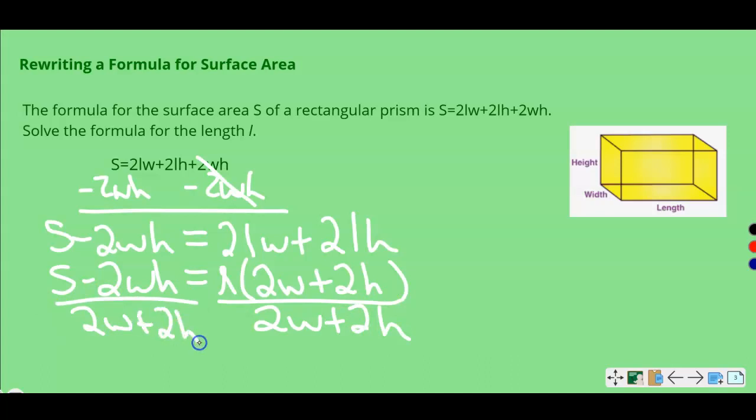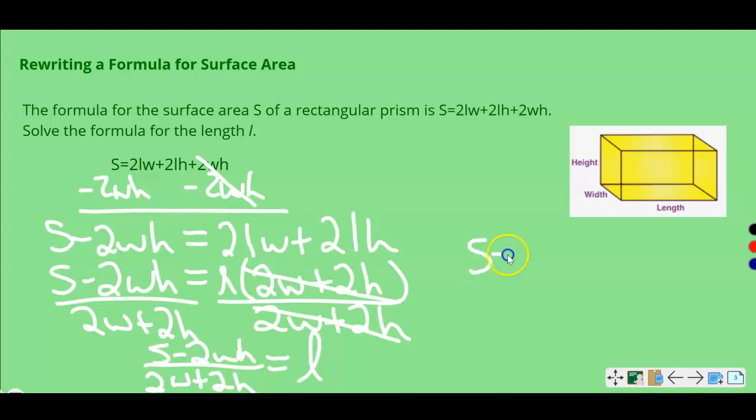These are actually my favorite kind of equations to solve because they're easy as long as you know what steps to do. You're always going to get finished quickly. So S minus 2WH over 2W plus 2H. Now, if you wanted to rewrite the denominator, I'm going to rewrite this over here a little bit better.